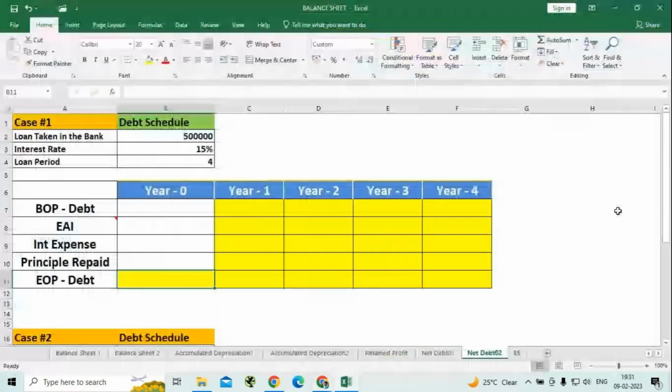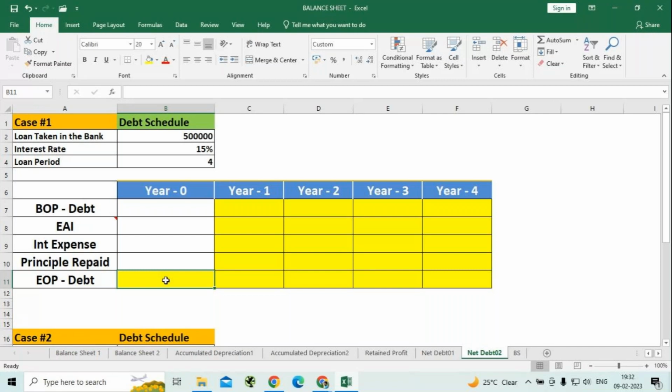When you are going to prepare the debt schedule, especially for the EAI, that is equal annual installments, you are going to prepare it columnar wise. There are 4 years, so you are going to add a year zero.